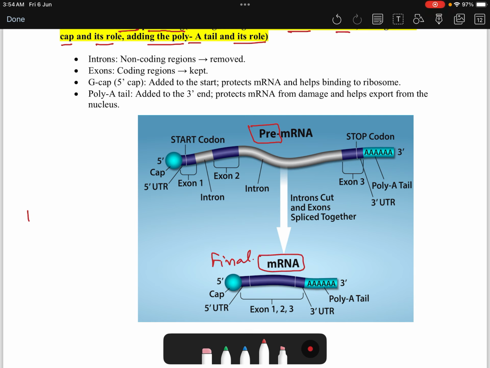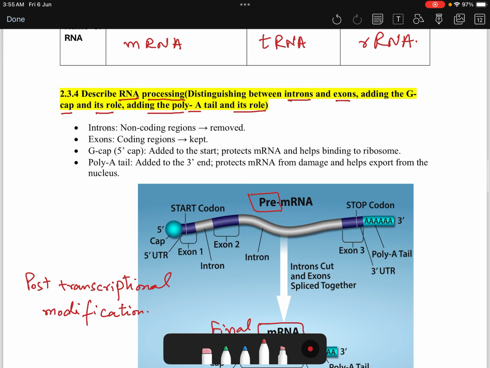This is also known as post-transcriptional modification, but this is a very long name. I will recommend you better learn the same as RNA processing. We sometimes also say it as RNA editing.